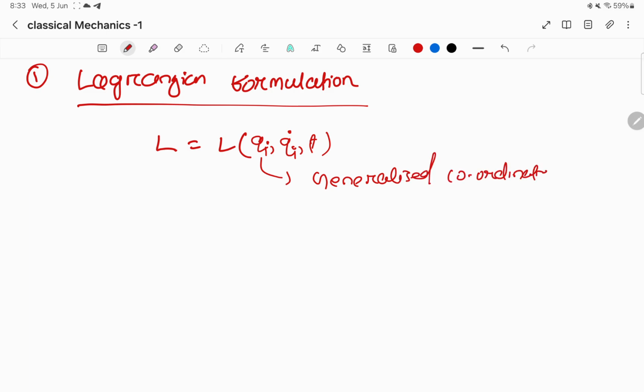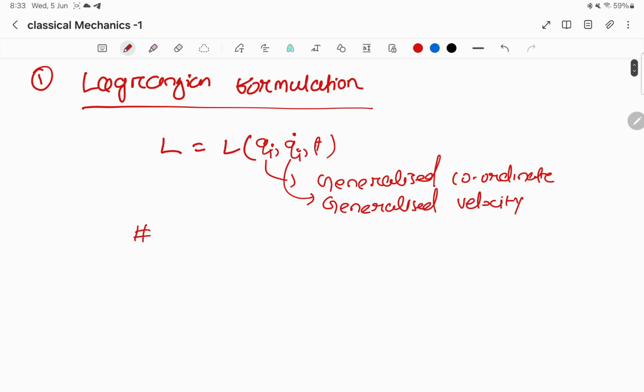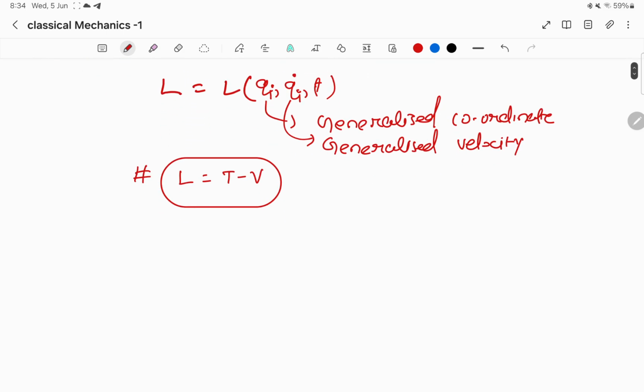Wherever you have a doubt, you can comment on the video so I can check. q_i dot is the generalized velocity, and t is the time. You all know this. Then how can I define the Lagrangian? The Lagrangian is defined as L equals T minus V.